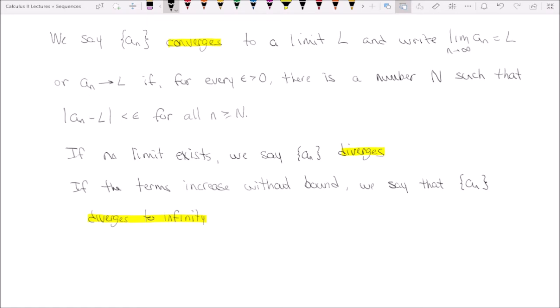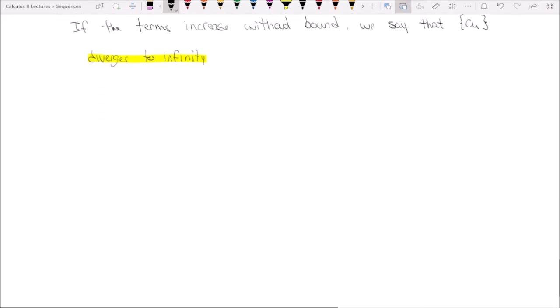Now, what is this really saying? Right? So let's try and visualize it.